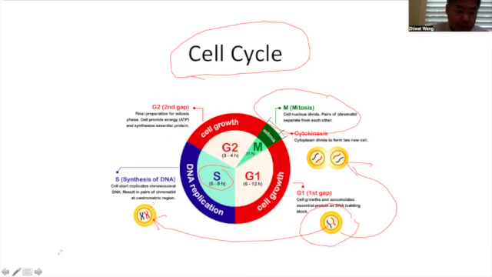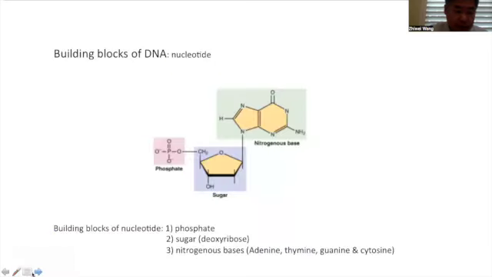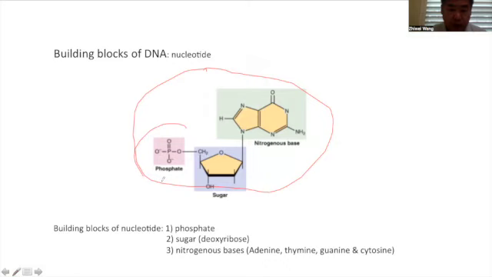Okay, next slide. We know the building block of DNA is the nucleotide. That's the molecular structure of a nucleotide. It has three parts: the phosphate, the sugar, and the base.